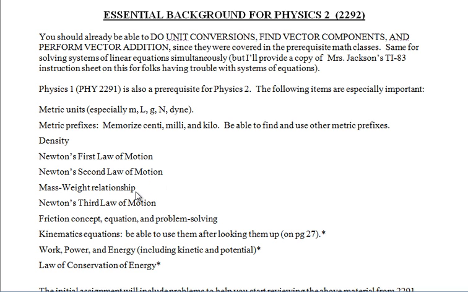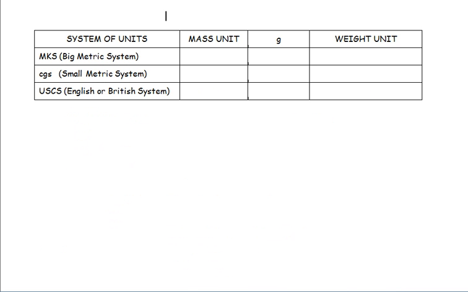The next entry I want to remind you of is the mass-weight relationship. The mass-weight relationship gives the formula between these two items. That formula is that the weight of an object will equal its mass times the acceleration due to gravity.